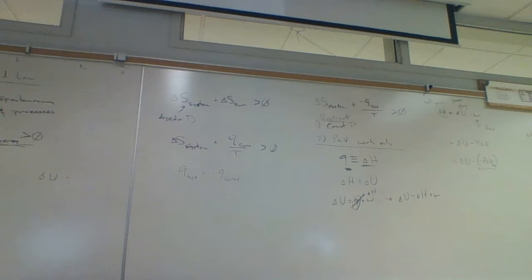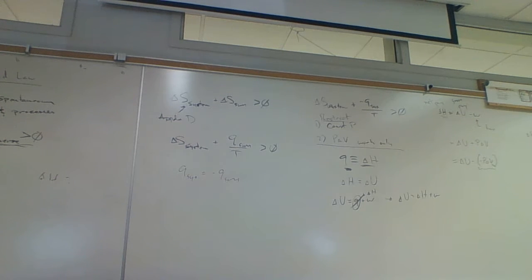If I'm looking at delta U and I'm looking at methane combustion, remember what happened to the volume? The volume decreased. That means if the volume decreases, the surroundings does the work. And so the surroundings loses energy, and the system gains energy due to the surroundings doing the work.